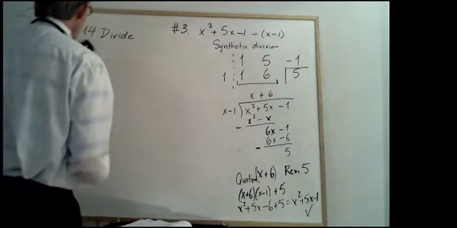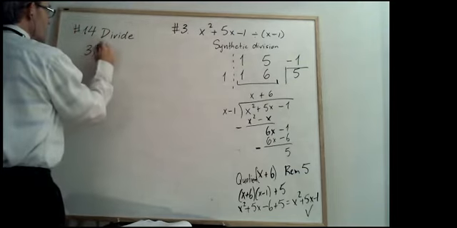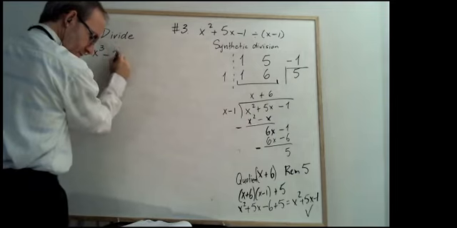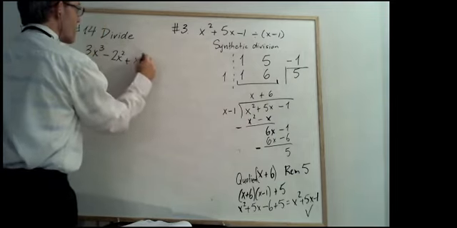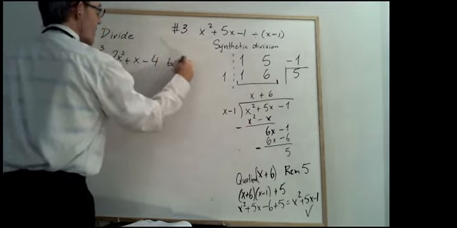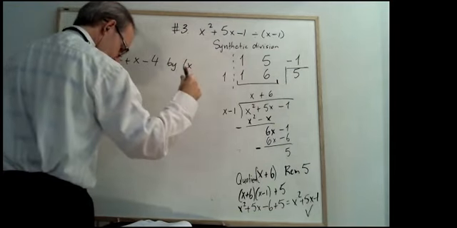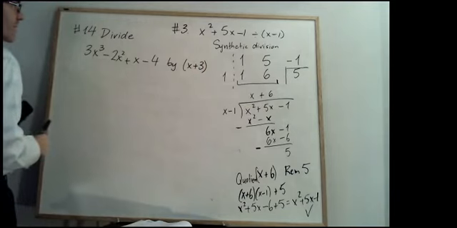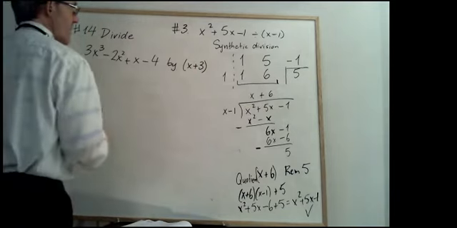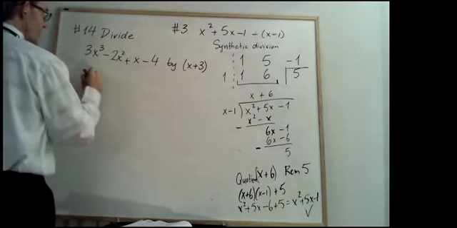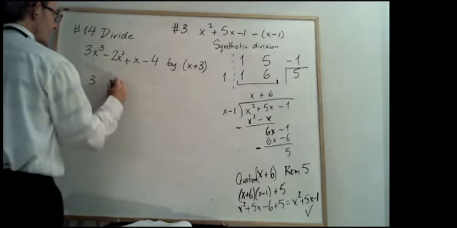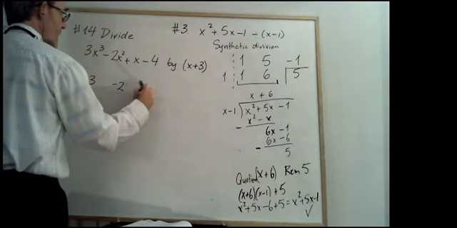So again, 3x cubed minus 2x squared plus x minus 4 divided by x plus 3. The leading coefficient is 3, and then I have a minus 2, 1, and minus 4.